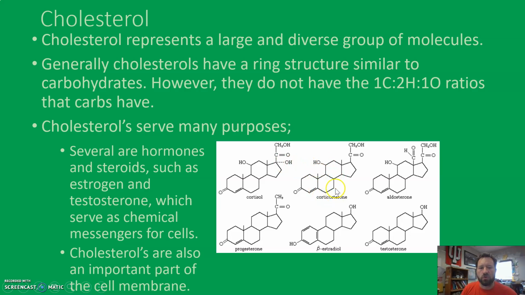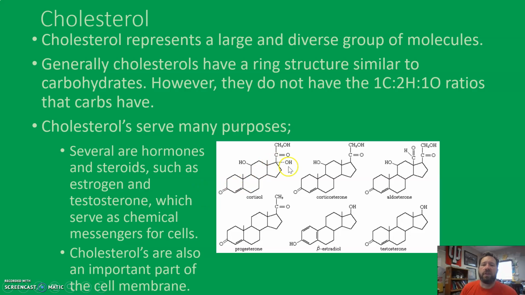Instead, they have these ring structures, which make them kind of look like carbohydrates, except they don't have that 1 carbon to 2 hydrogen to 1 oxygen ratio that we find in carbohydrates. Less total oxygens, more total hydrogens in these cholesterols.